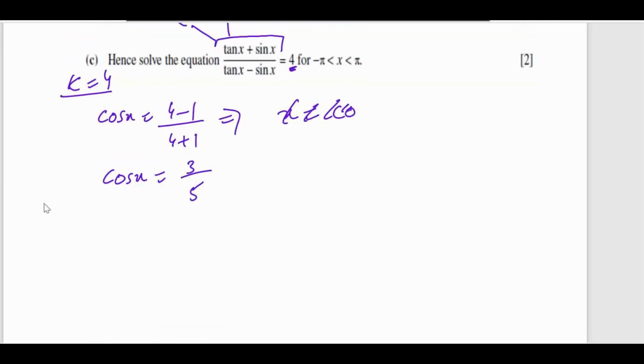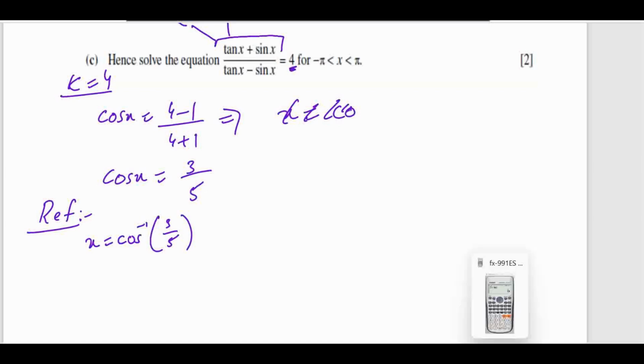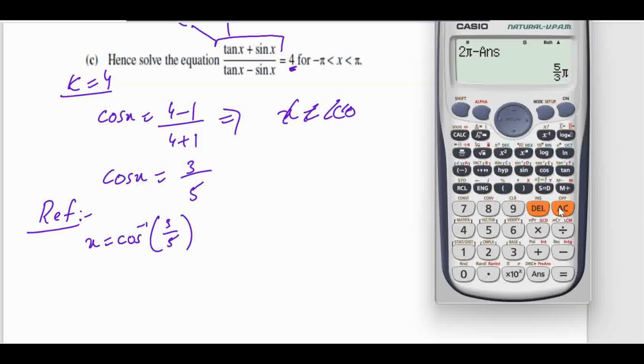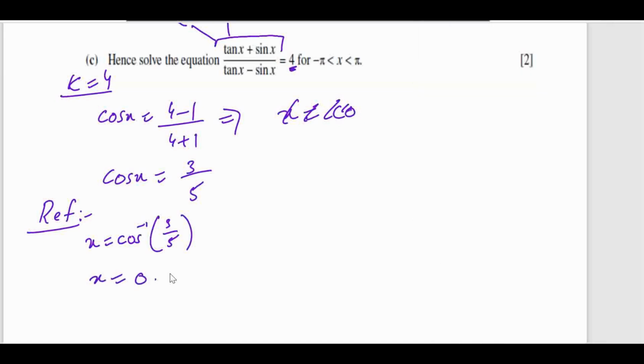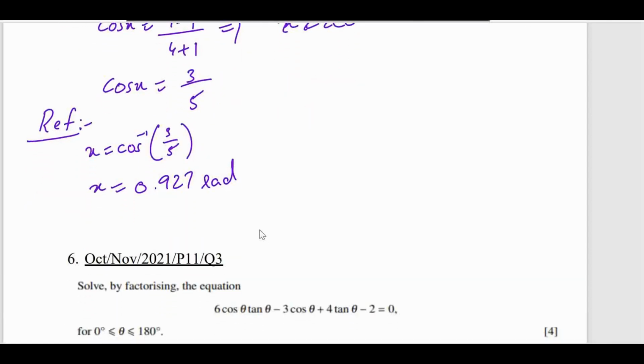Here x is equal to cos inverse of 3 by 5, so this will be equal to 0.927 radian. So x is equal to 0.927 radian. This one is the reference angle.